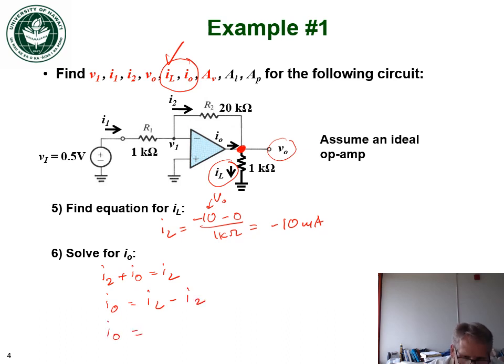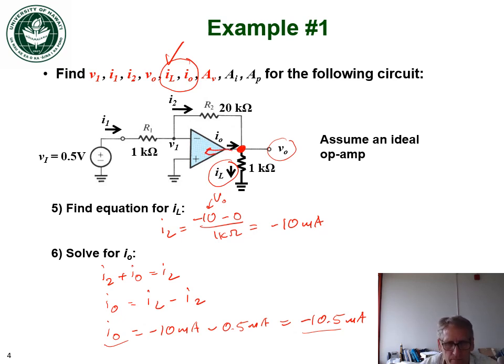So IO is equal to minus 10 milliamps minus 0.5 milliamps, which is equal to minus 10.5 milliamps. Keep in mind what this means for IO. It's a negative current, which means the current is actually flowing into the op-amp. This was just an application of KCL.